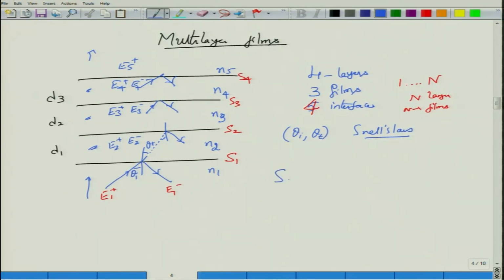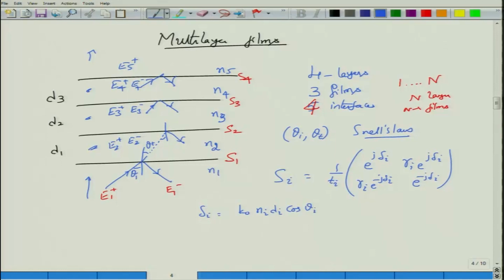So, at the ith interface, the matrix Si will be equal to 1 by Ti times the matrix with entries e to the power j delta i, r i e to the power j delta i, r i e to the power minus j delta i, and e to the power minus j delta i, where of course delta i is given by k0 ni di cos theta i, with ni the index of the ith layer or film, and di the distance.